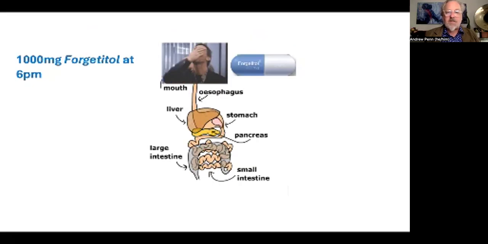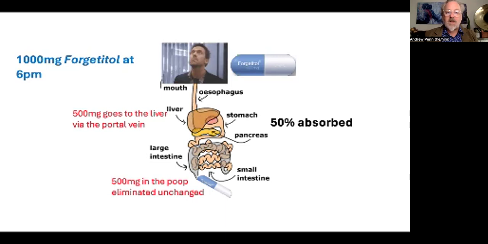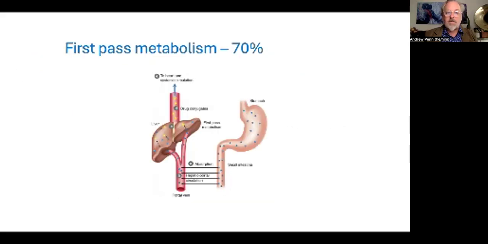He swallows that 1,000 milligrams of Forget It All, remembering that 50% is absorbed. So that's going to go into the portal vein and go into the liver. The other 50% is just going to pass on through and come out in his poop unchanged. So we've got 50% that has entered the body, 50% that is just going to pass on through.